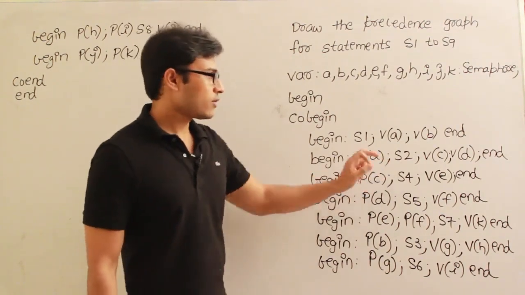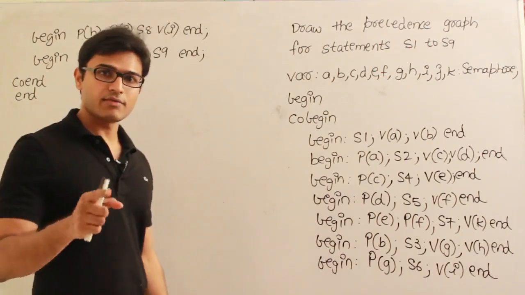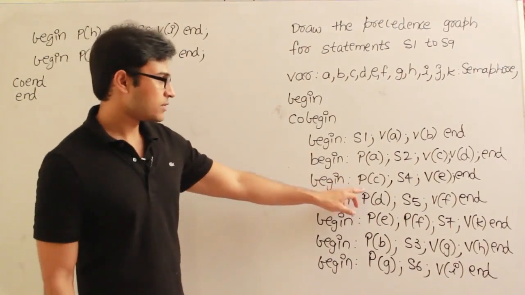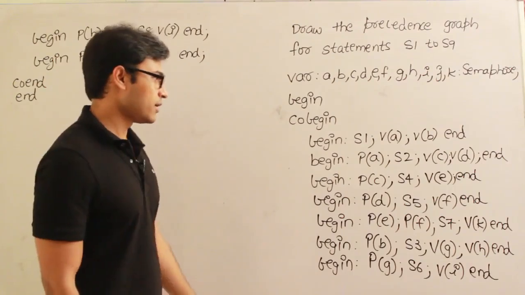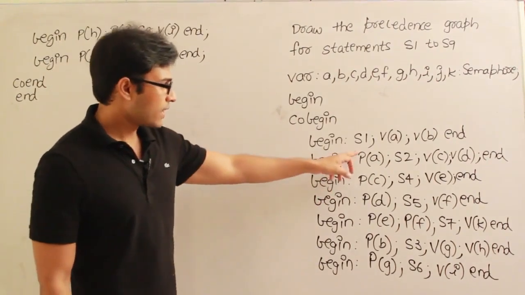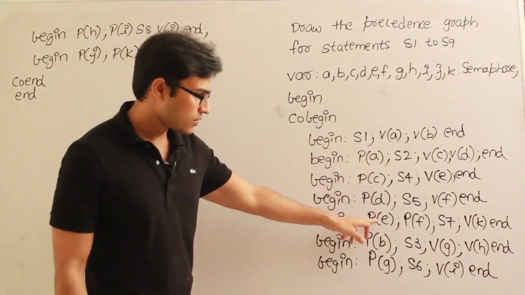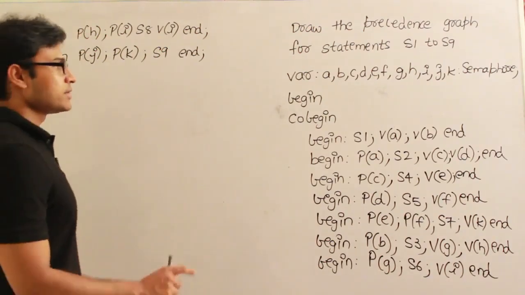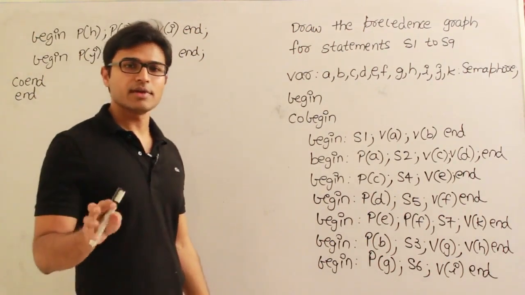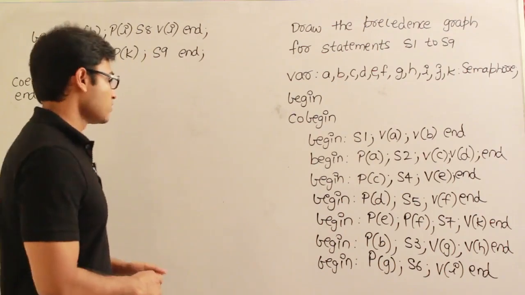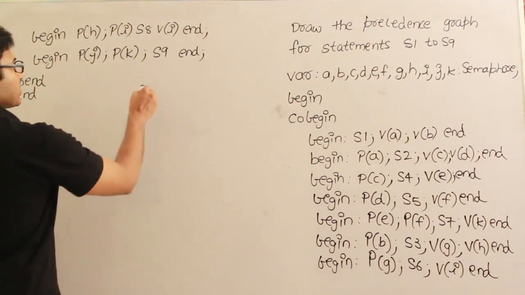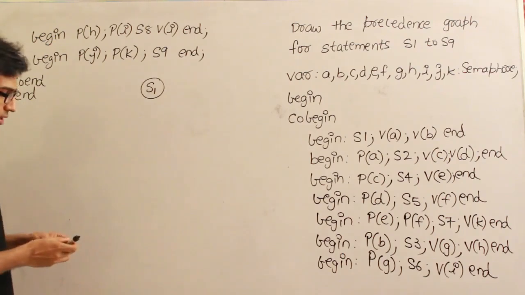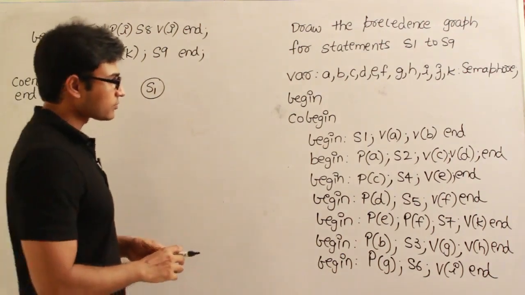Therefore, S2 cannot be executed until someone has performed the up on A. Similarly, S4 cannot be executed unless someone has performed up on C. So likewise, no statement can be executed directly. All of them require some down operations, and the only statement which is definitely guaranteed to be executed is S1, right? So S1 is going to be executed first.